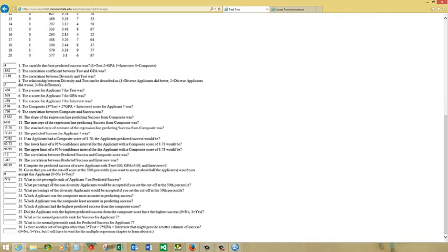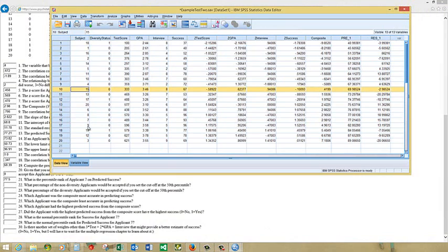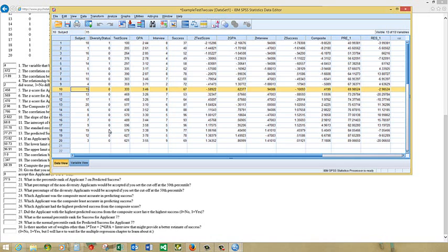What percentage of the non-diversity applicants would be accepted if you set the cutoff at the 50th percentile? Okay, back to our data file. We're setting the cutoff here between 10 and 11. We have 4 diversity candidates, which makes 16 non-diversity.